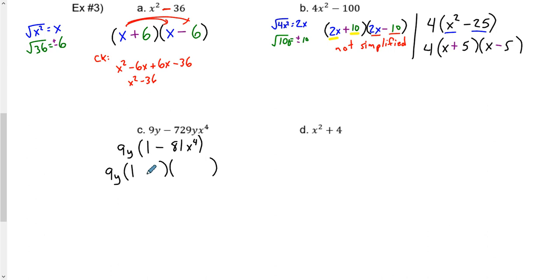The square root of 1 is 1. The square root of 81 is 9. The square root of x to the power 4 is x squared. Sorry, writing utensil is a little bit off. Make one positive, one negative.